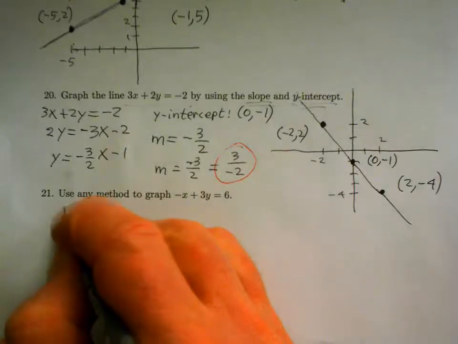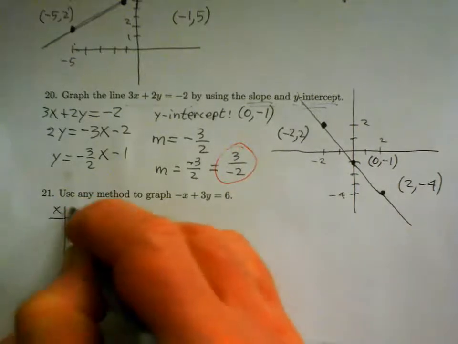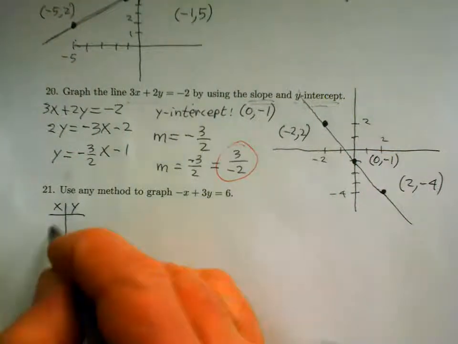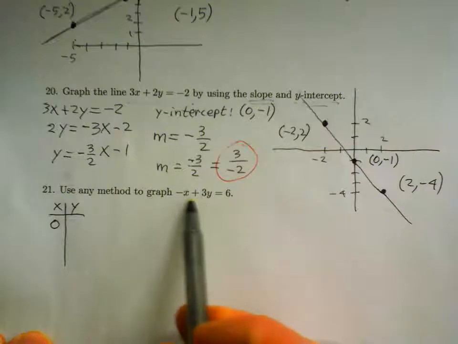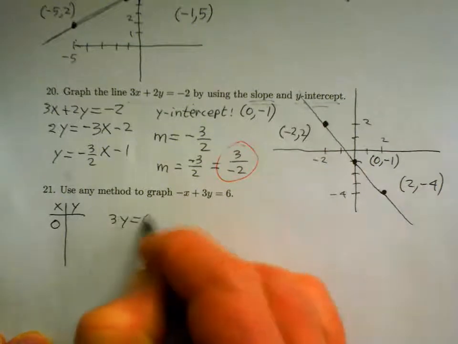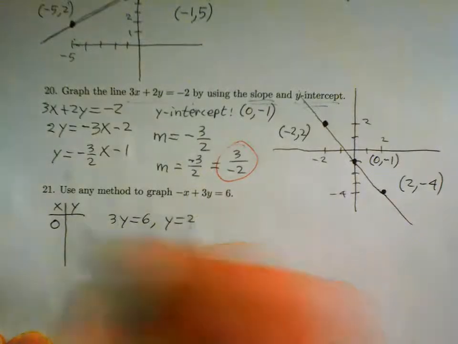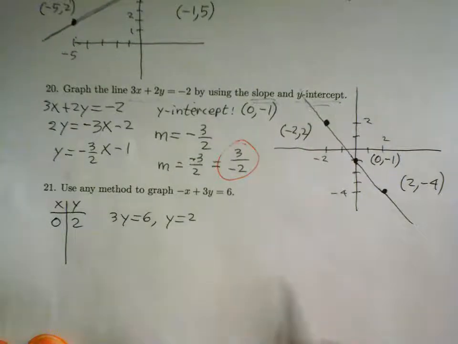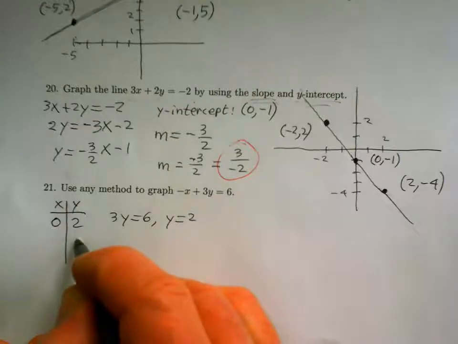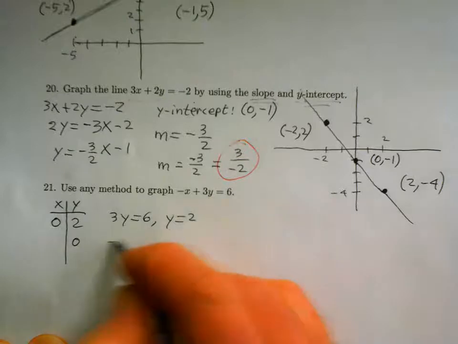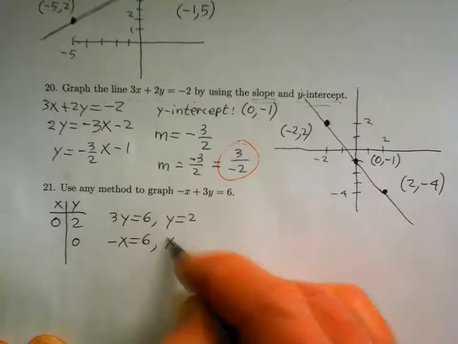So I'll just use the x and y intercepts. So the y-intercept occurs when x is 0. When x is 0, we're left with 3y equals 6 or y equals 2. So the ordered pair is 0, 2. And then the x-intercept occurs when y is 0. When y is 0, we have negative x equals 6 or x equals negative 6.